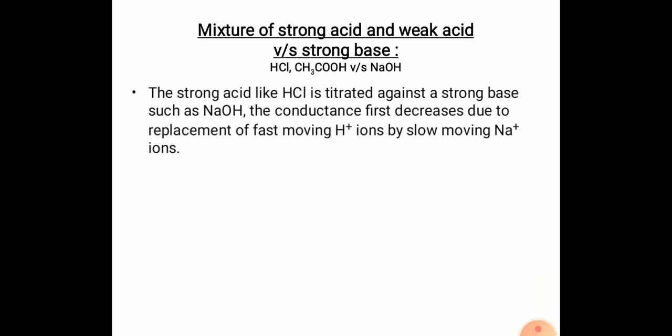So this is the first case, strong acid and strong base. You can see the reaction: HCl reacts with NaOH, forming a salt along with the water molecule. Once all the HCl in the beaker is neutralized, the NaOH strong base will react with the next acid, the weak acid, that is acetic acid.